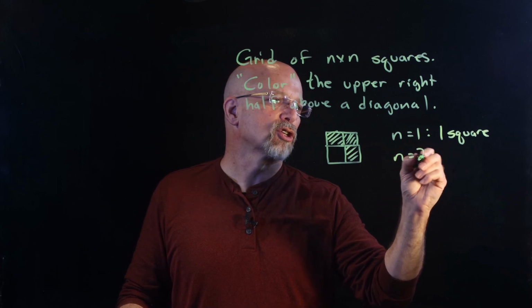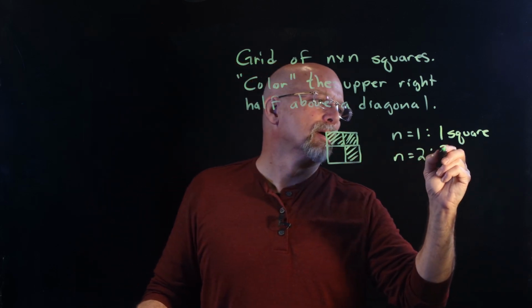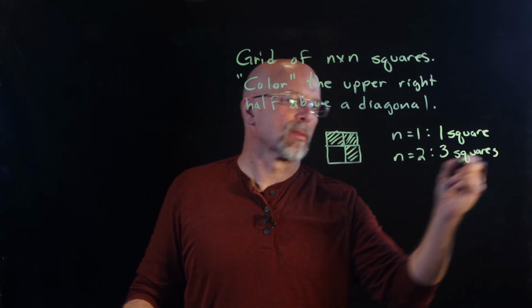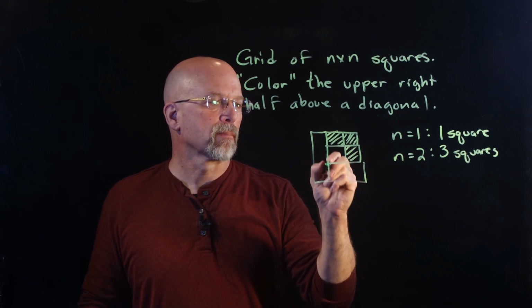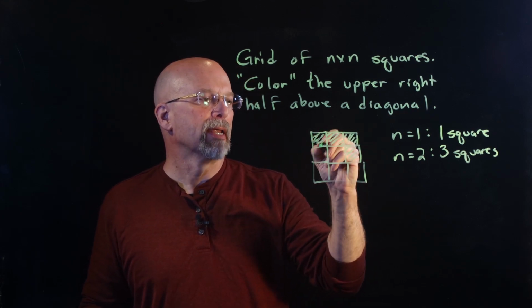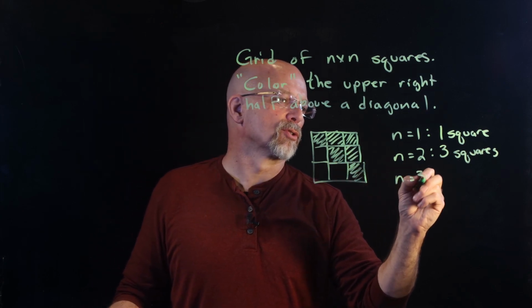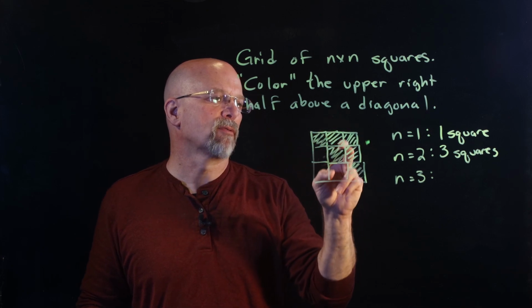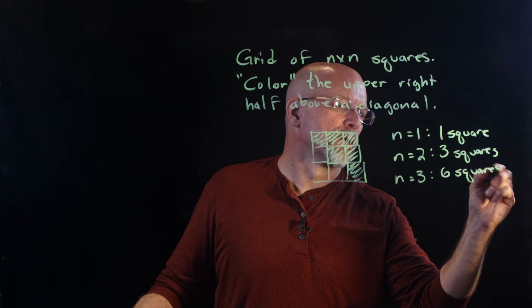So n equals 2, we have a 2 by 2, and that means I have 1, 2, 3 squares colored. All right? Now, let's increase this a little bit more. And now my diagonal runs through these squares, and so I have n equals 3. It's a 3 by 3 grid. I have 1, 2, 3, 4, 5, 6. So I have 6 squares colored.